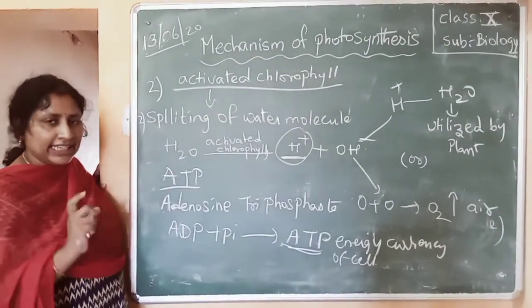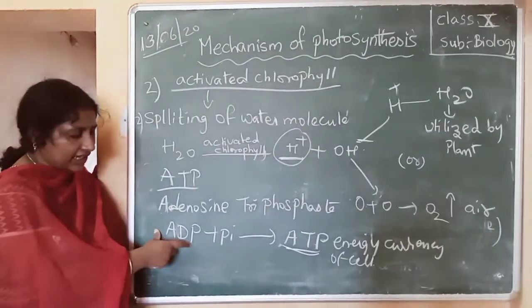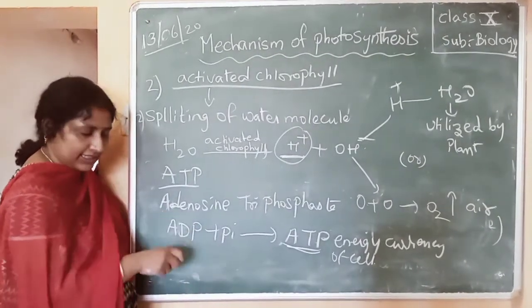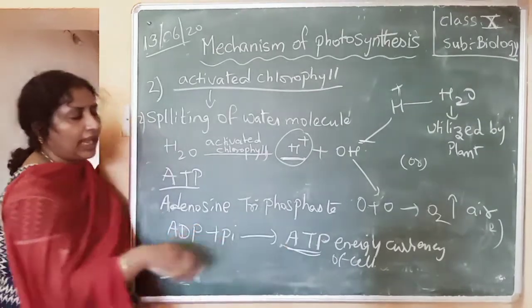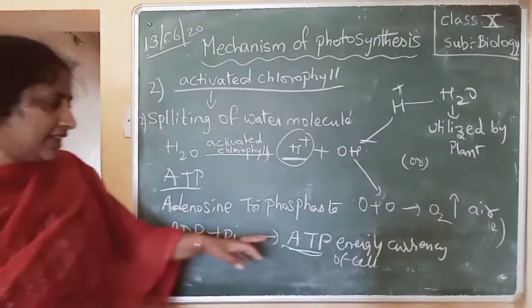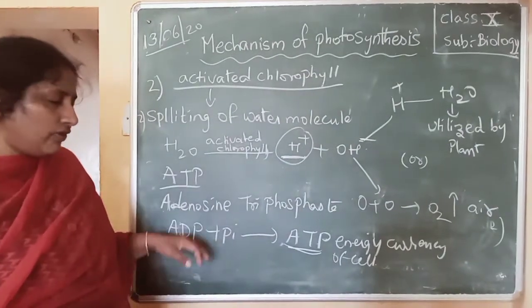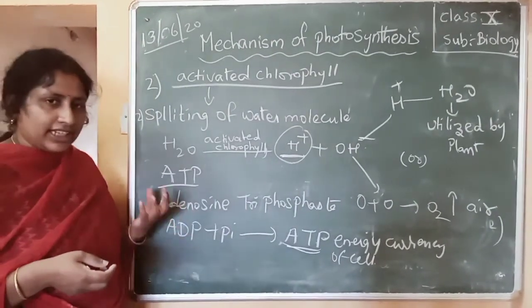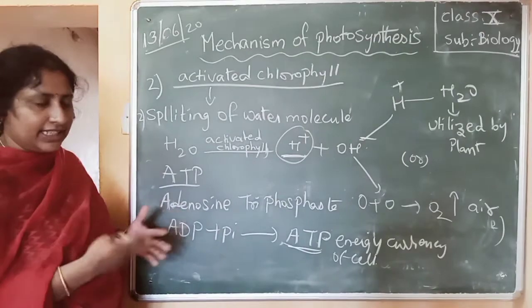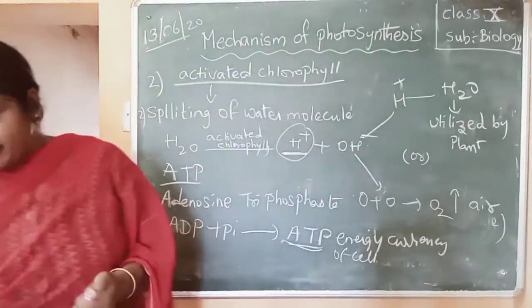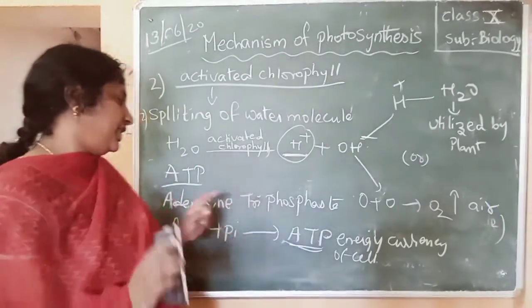Whenever the cell needs energy, it combines the reserved ADP and phosphate present in it to form ATP, and the energy is generated. In that way the cell utilizes energy.